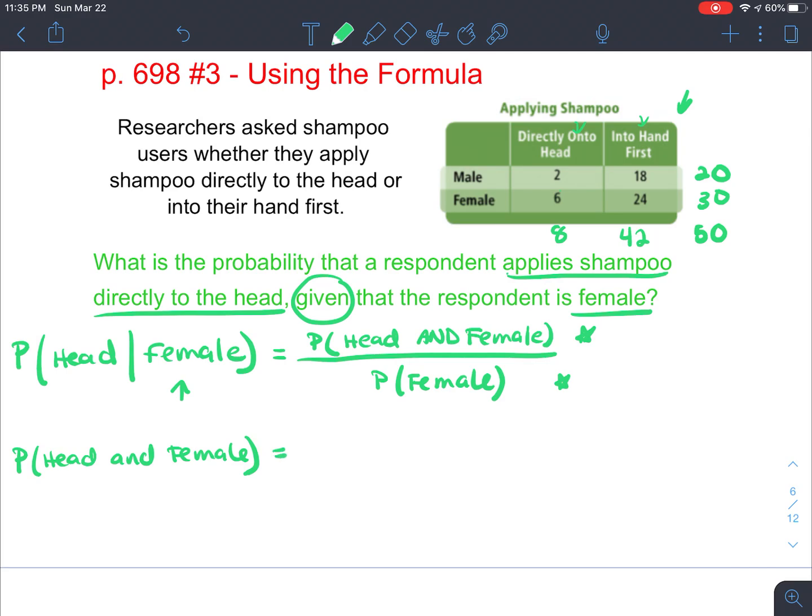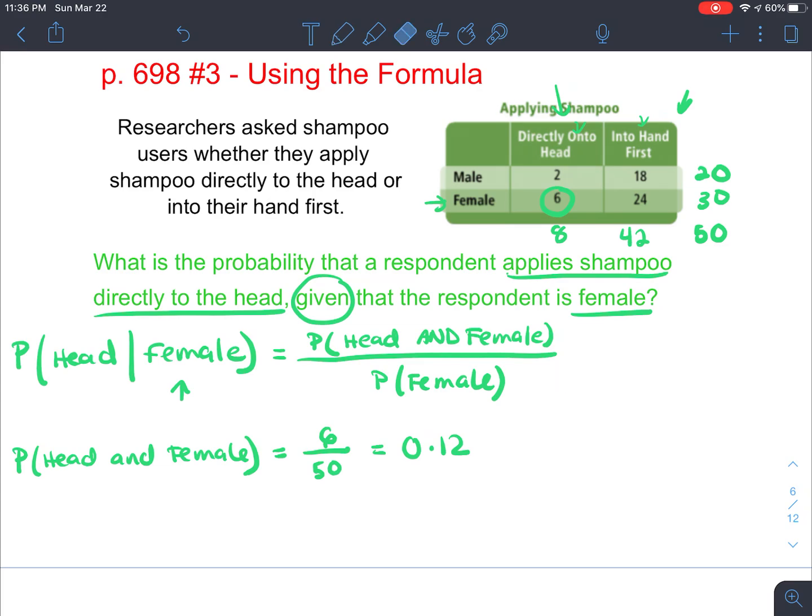So what is the probability that you apply to the head and are female? That is represented by this box right here: female and applying directly to the head, out of a total of 50 participants. So 6 divided by 50 is equal to 0.12, a terminating decimal, so I can leave it that way.